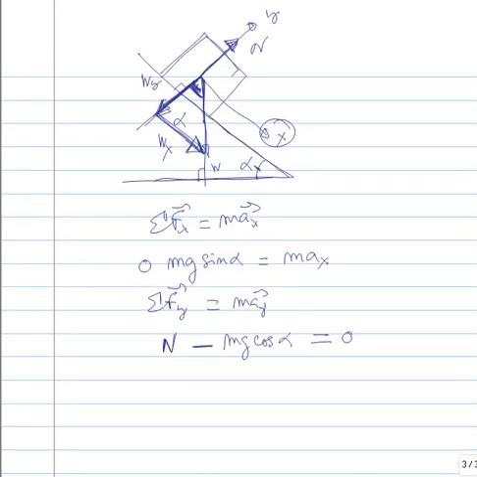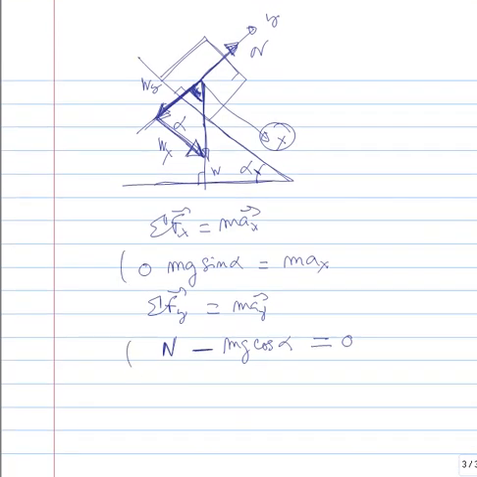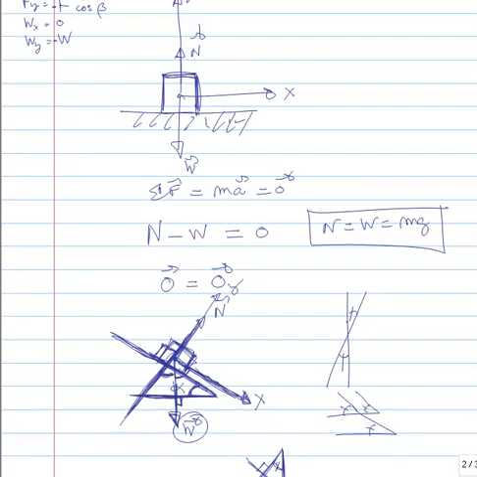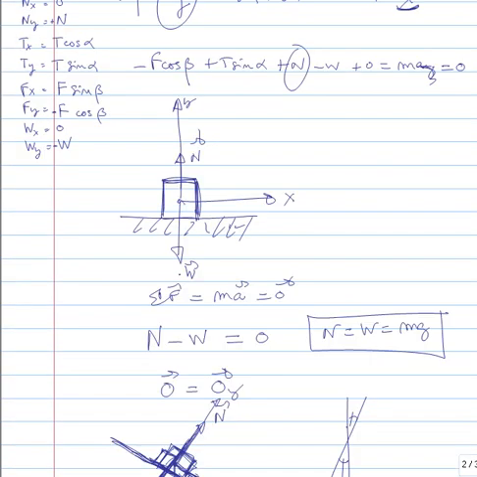This is equal to 0. So I have two equations. I can use the first one to deduce the acceleration, and I could use the second one, for good measure, to figure out my normal force. So in this case, you see very clearly that the normal force is not equal to the weight, but is equal to the weight times cosine of the angle. It's only in the previous particular case where the normal force is equal to the weight.